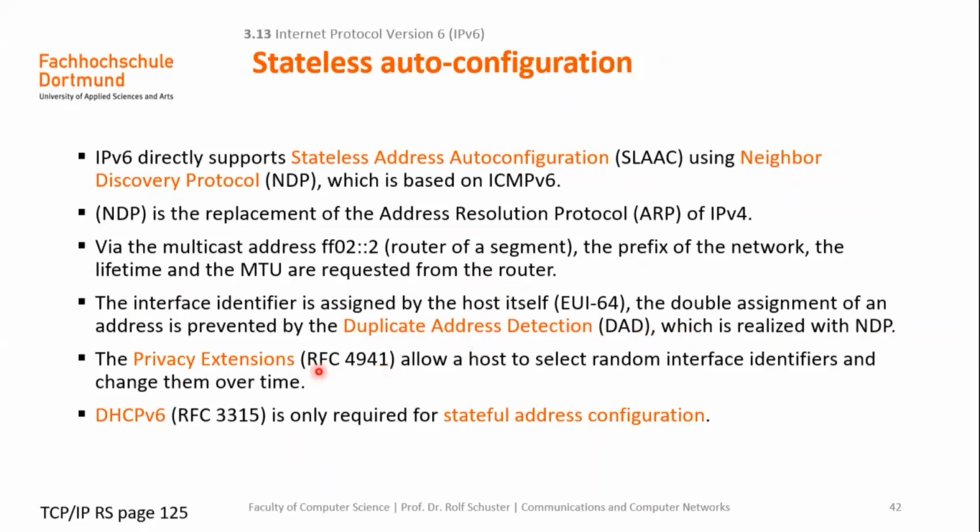There is another way to assign an interface ID to the host, called privacy extensions, defined in RFC 4941, that allows a host to select a random interface ID and change that ID over time. Finally, DHCP version 6 is only required for what is called the stateful address configuration.